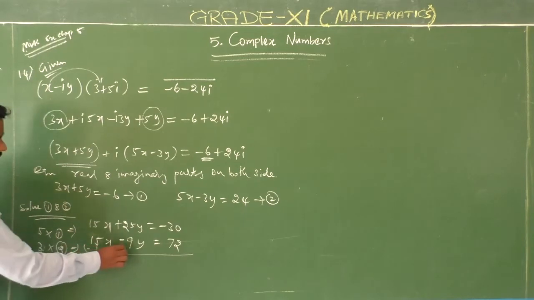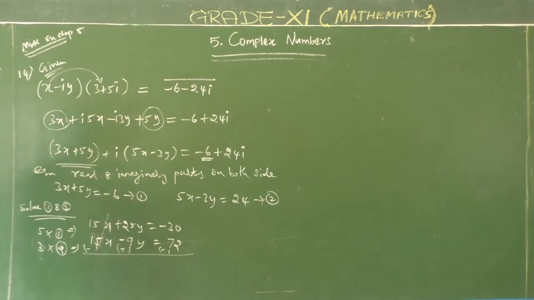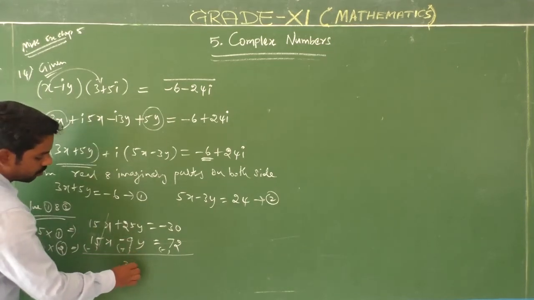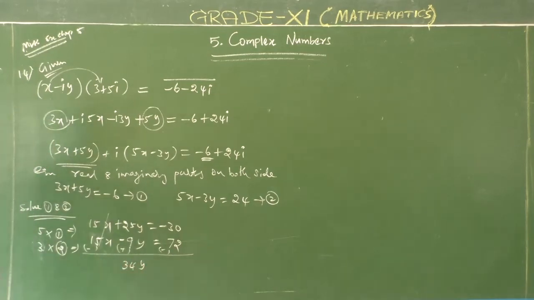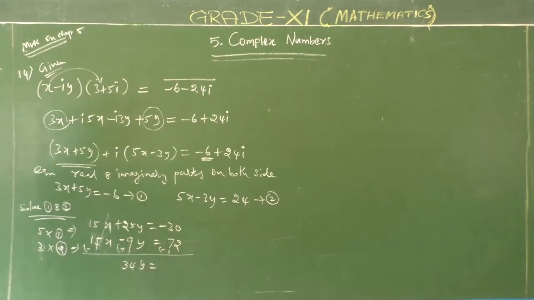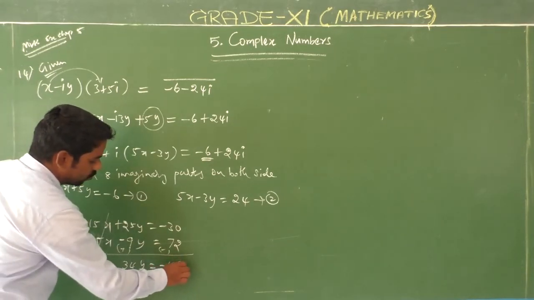Solve this by subtracting the two equations. So minus, plus and minus. 15x cancels, and the remaining 25 plus 9 is 34y, which is equal to minus 72 minus 30. Minus 72 minus 30 is minus 102.